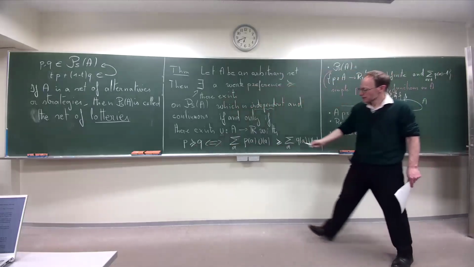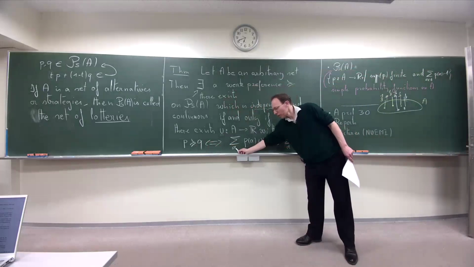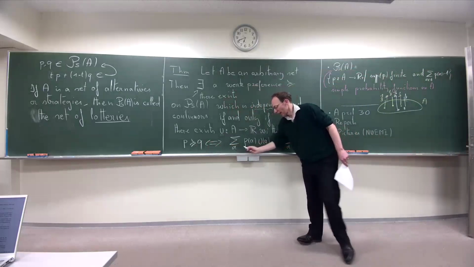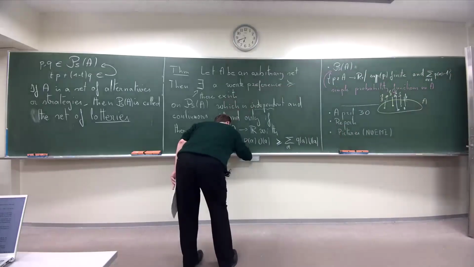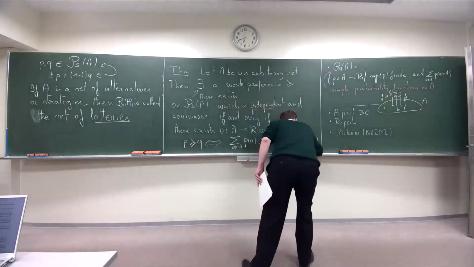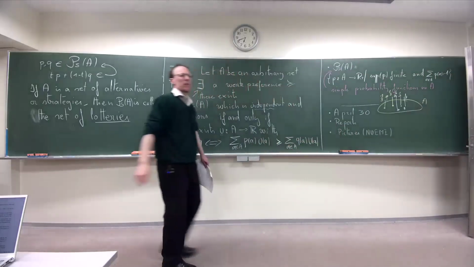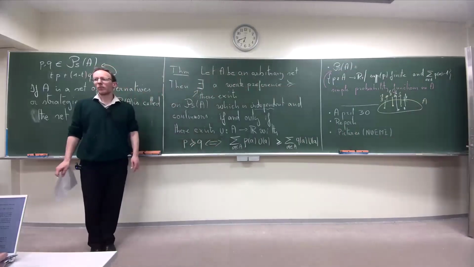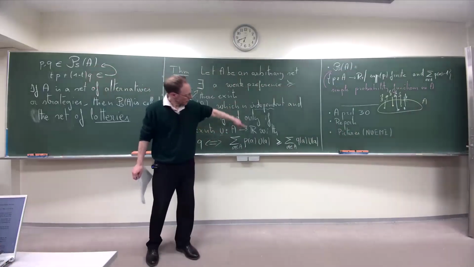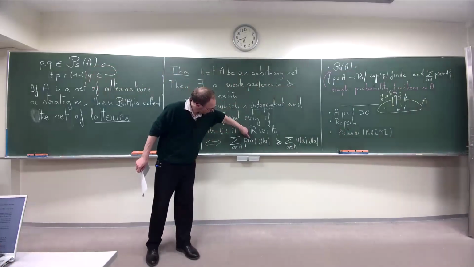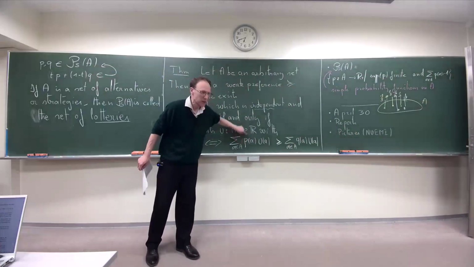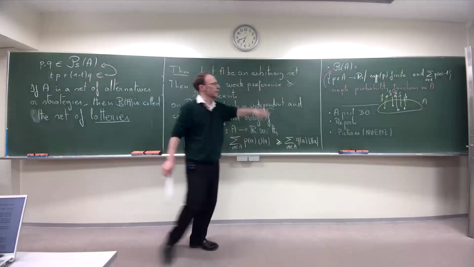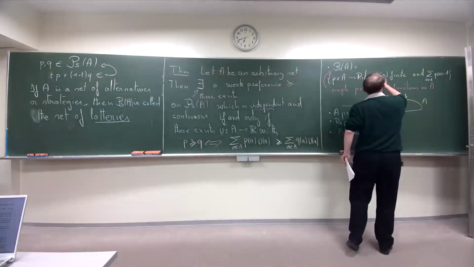And what is this? And please observe, it's a sum. I should write sum over A in A, which is a bit annoying because if A is a very big set, it would be a very big sum. But look, there are only a few points where this is not 0. This is why I have this assumption that the support is finite.